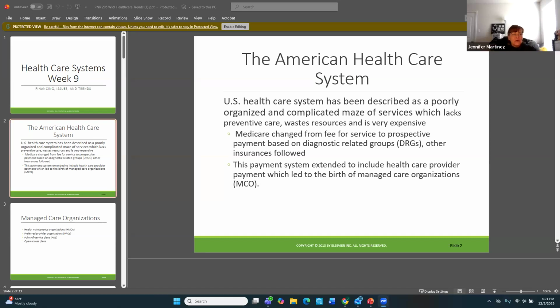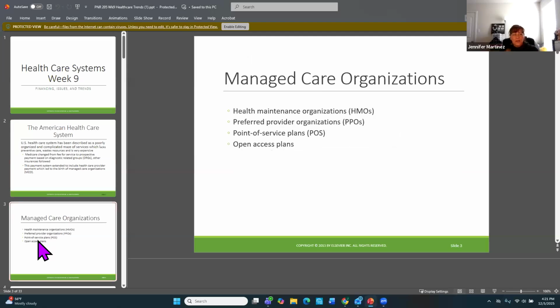So managed care organizations are things like, everybody has different types of health insurance plans, but these are like your HMOs, your PPOs, your health maintenance organizations, your preferred provider organizations, your point of service plans. There's also open access plans.